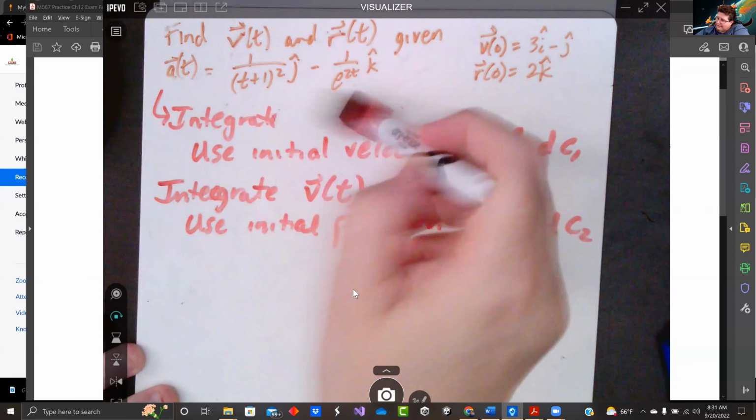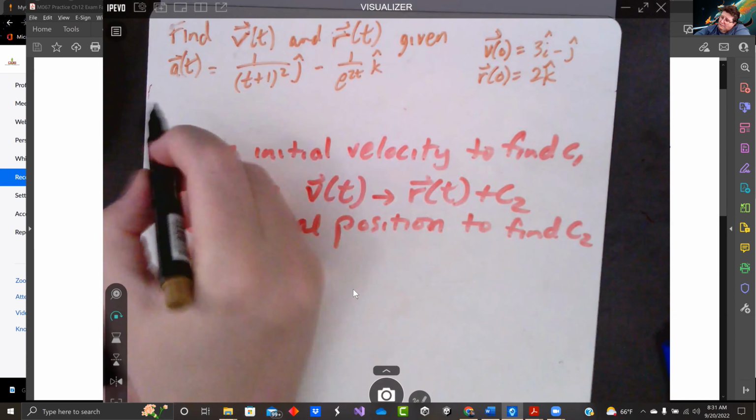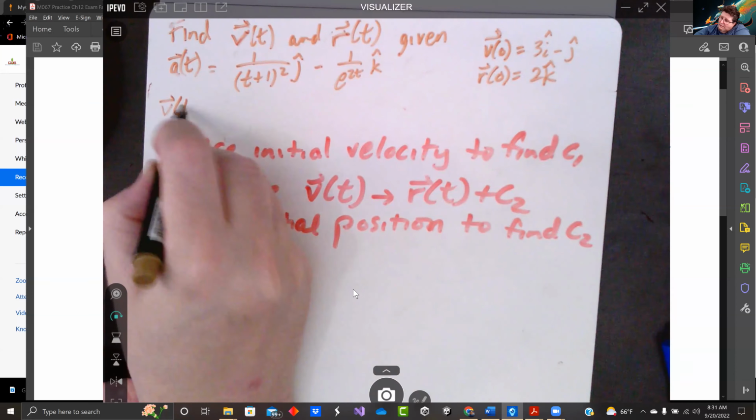What do I get if I integrate? We'll try to write down the cross.